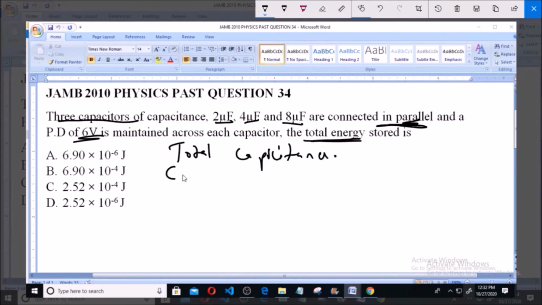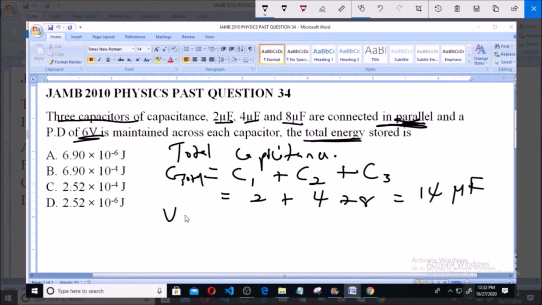For capacitors connected in parallel, C is equal to C1 plus C2, and in this case you have 3, so C1 plus C2 plus C3. For as many capacitors as you have, as long as they are connected in parallel, to get their total capacitance, all you need to do is add them up. So that is 2 plus 4 plus 8, which is equal to 14 microfarads. The potential difference is 6 volts.